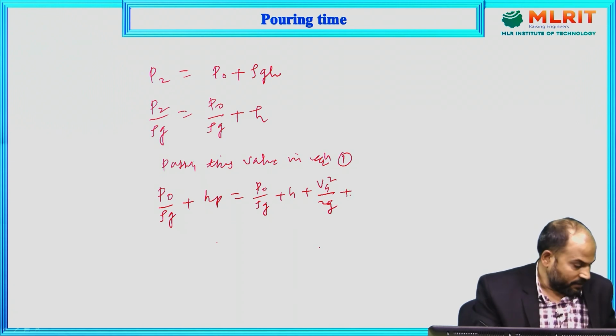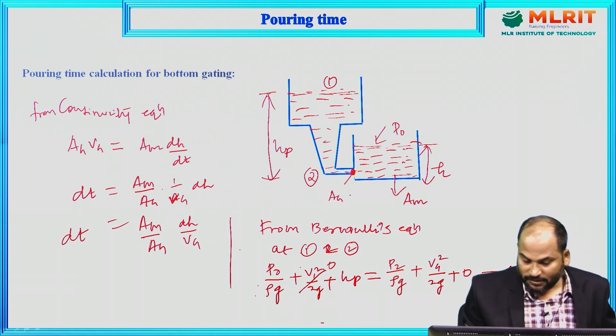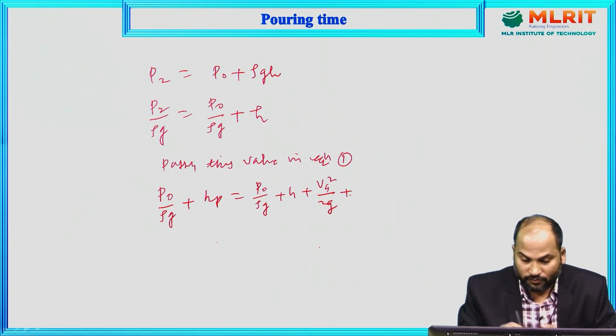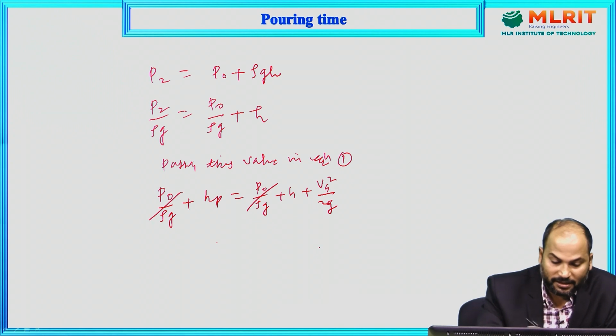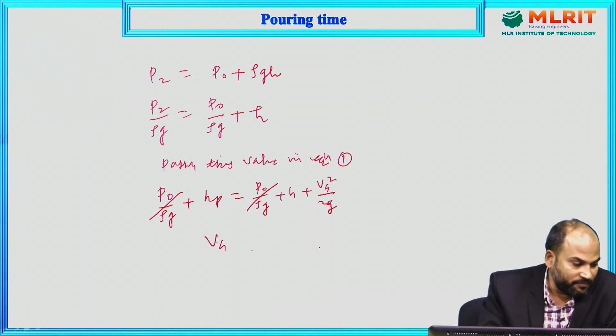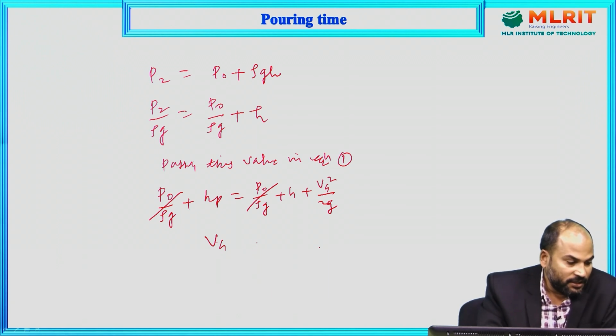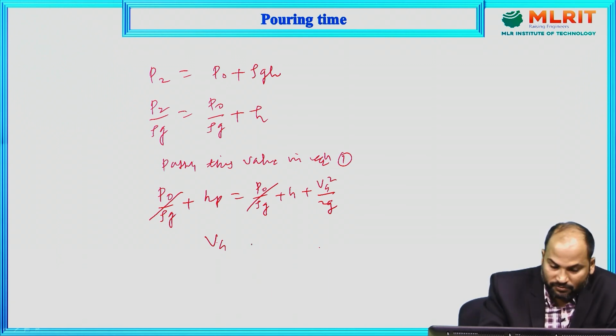And then this term is 0. So we can see this will be cancelled out. So from here Vg square is equal to 2g into Hp minus H. This is the expression for Vg.